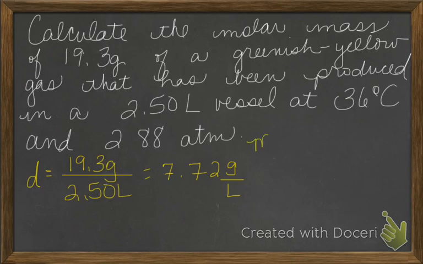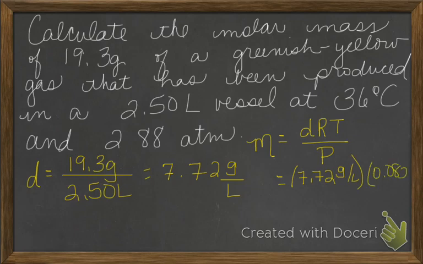And now we can plug that into this formula. M is equal to dRT over P, where D is 7.72 grams per liter. R is 0.0821 liter atmosphere per mole Kelvin. I'm running out of room, so I'm going to squeeze that in. The temperature is 309 Kelvin.